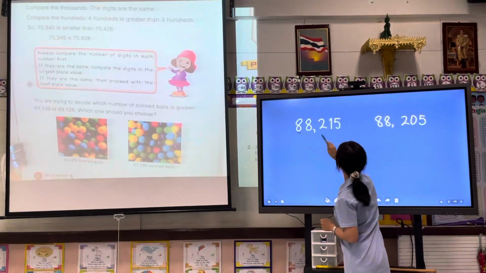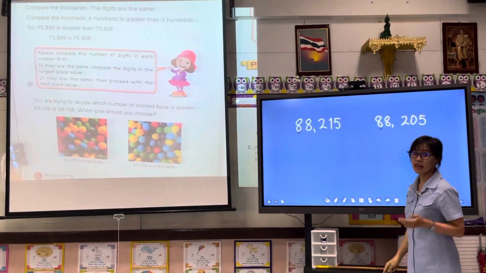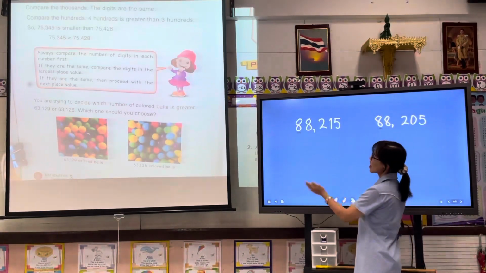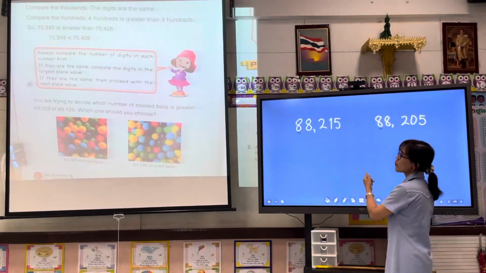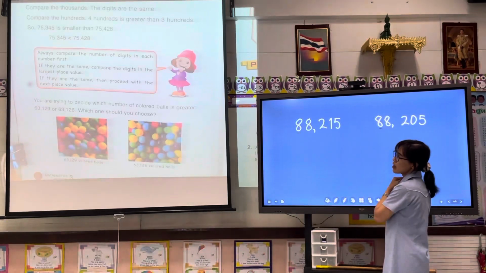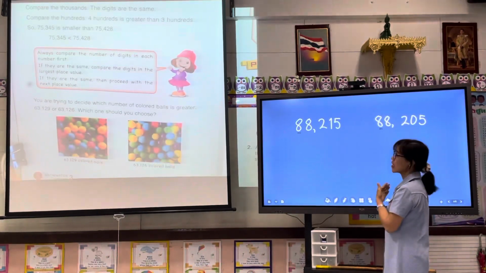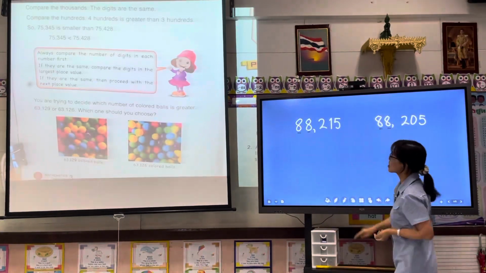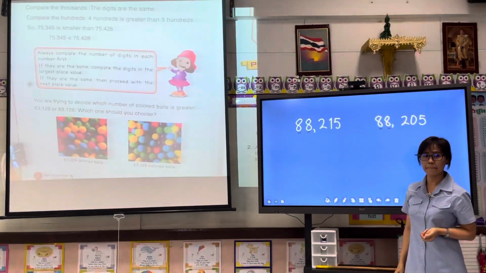It's 8 and 8. They are equal, the same. Next, compare the next place value, which is the thousands. 8,000s, 8,000s. Again, they are the same.